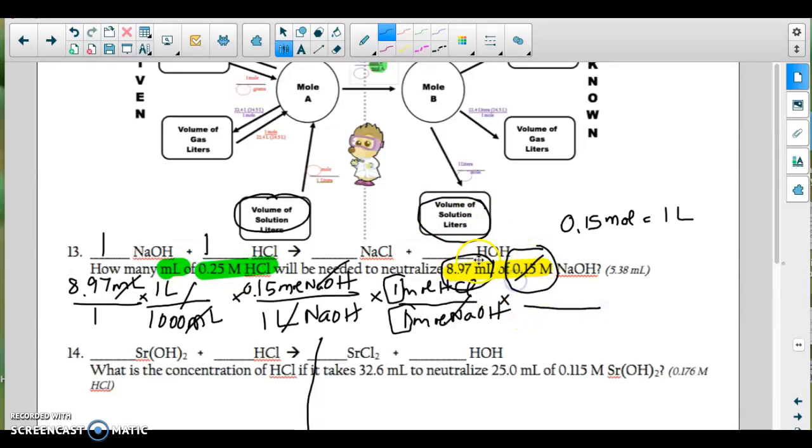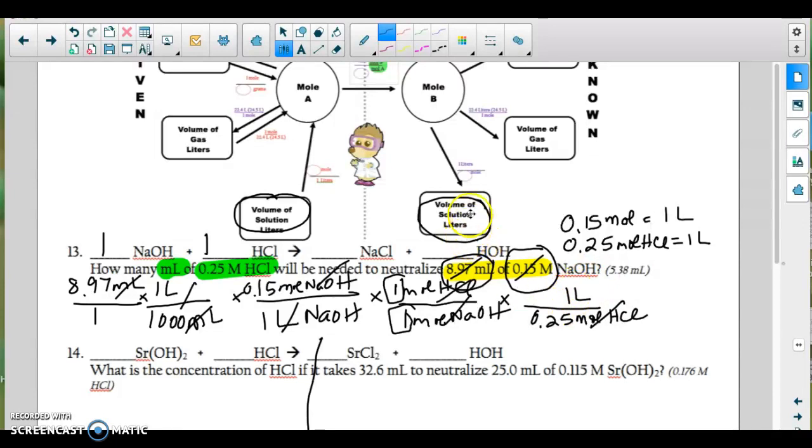I've used this. Now I'm going to use the 0.25, which really is 0.25 moles HCl in 1 liter of that solution. So I'm going to put the 0.25 on the bottom and the 1 liter on the top. My moles cancel.